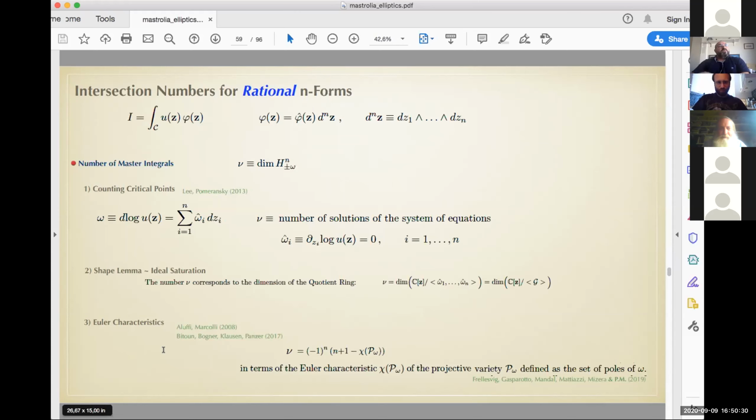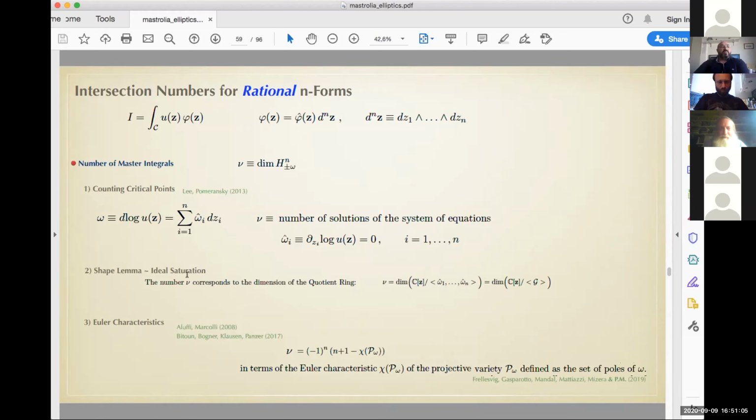one obtains the full decomposition. Now, in order to apply the iterative approach, it's important to obtain the size of the cohomology group for each level of the iteration, and we were able to connect clearly the result of the dimension of the space proposed by Lee and Pomeransky, namely counting the number of solutions of this system of equations, now to the shape lemma, the same that we used for the maximal cut.